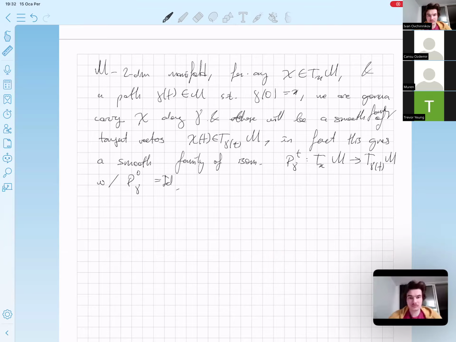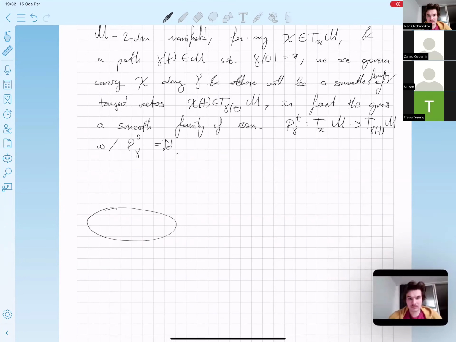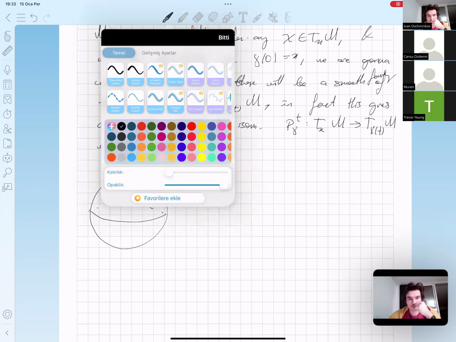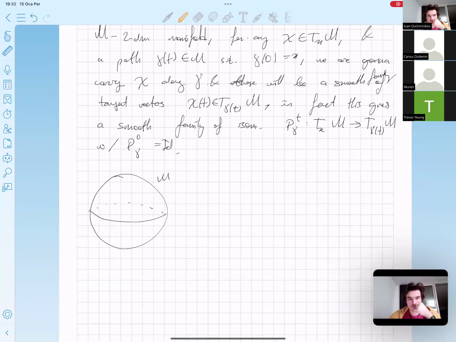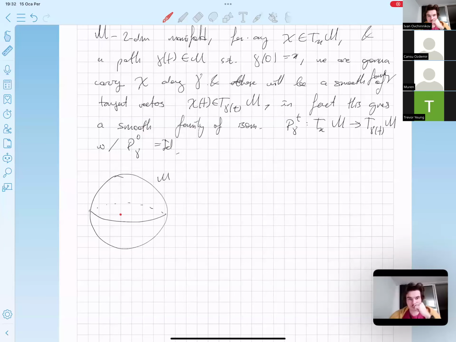Okay, so now let's understand what we mean. So we have this M. Okay, we said two-dimensional, so let's draw a sphere. This is M, and let's have a path. Let's draw it like this. Now let's say this is X, and we have a path like this.